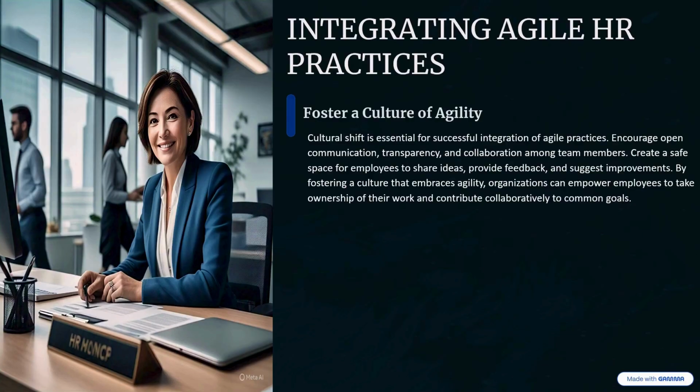By fostering a culture that embraces agility, organizations can empower employees to take ownership of their work and contribute collaboratively to the common goals. Next, we will look into training and empowering HR teams.